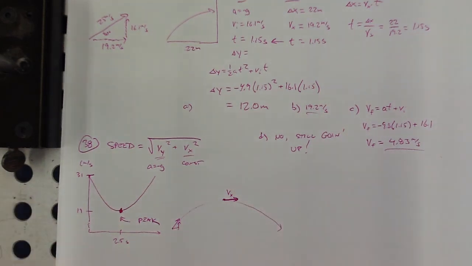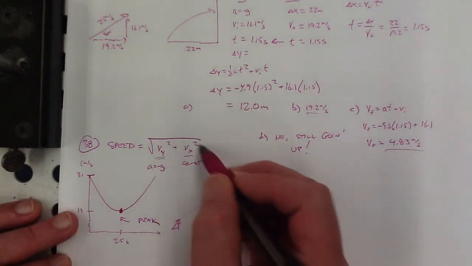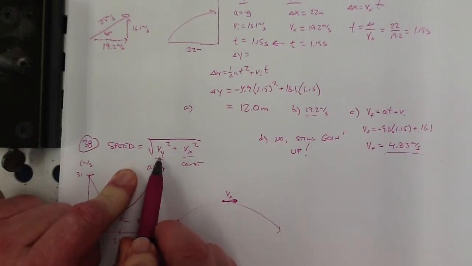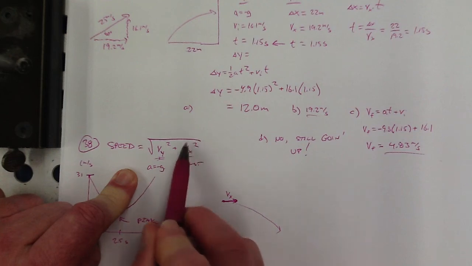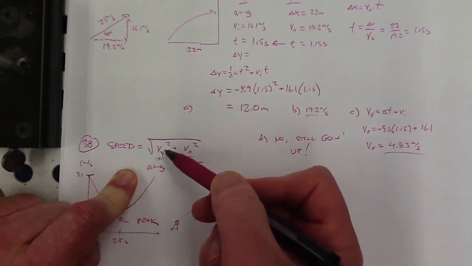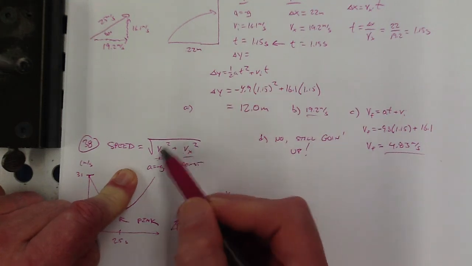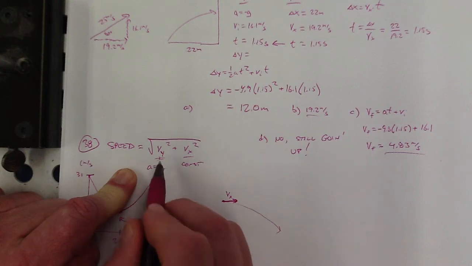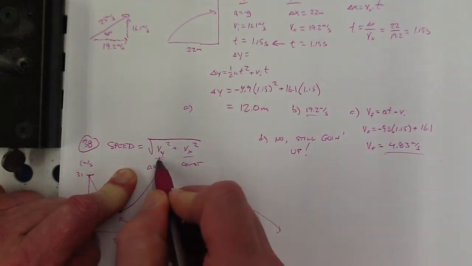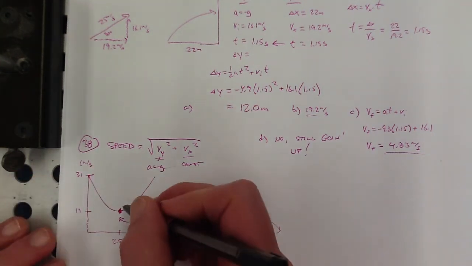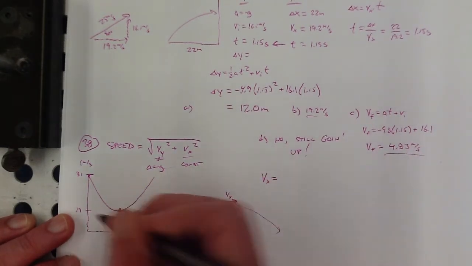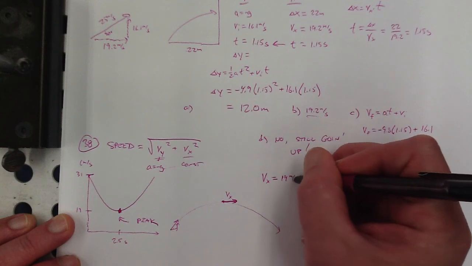So the speed, if you're Pythagorizing these, is going to bottom out when Vy is 0, at the peak. Vx is constant, so it's not changing. You're always adding something to make this bigger, doesn't matter whether Vy is positive or negative, you're squaring it, except at the very top when Vy is 0. So the constant horizontal velocity is 19 meters per second.